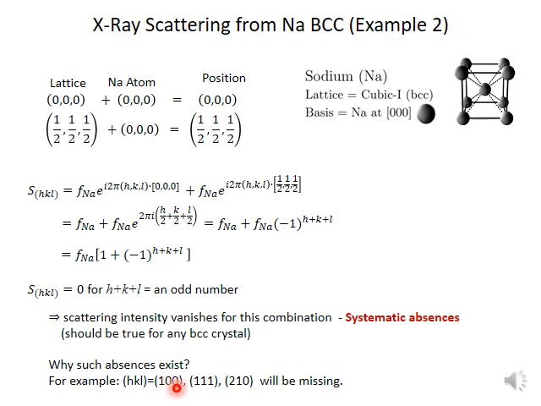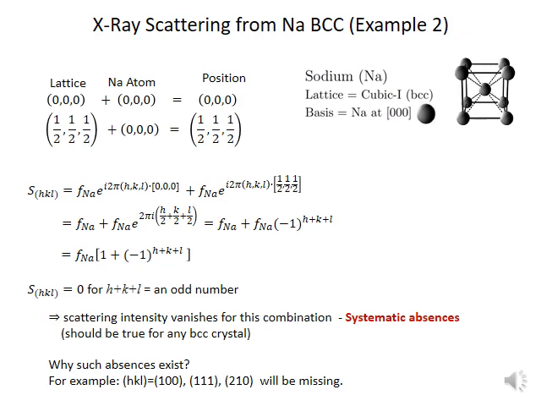This would include, for example, the 1 0 0 set of lattice planes. So 1 0 0 would be missing because the sum of HKL is 1, again odd, and the same would be true for these other two combinations as well.